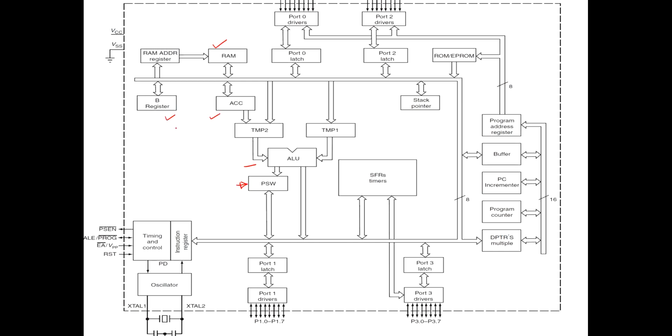As we know, we have the DPTR, the data pointer register. It points to the external memory location, and this data I can access through the accumulator. This is the main register.